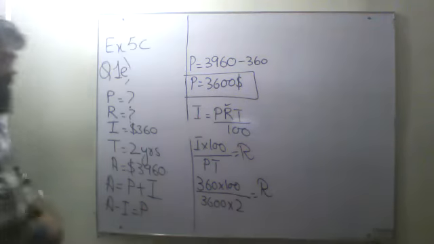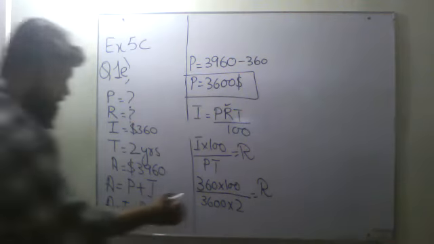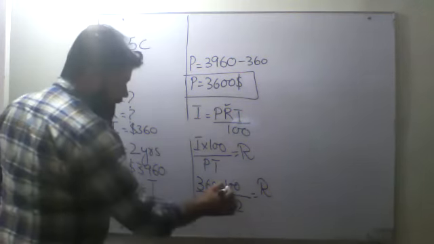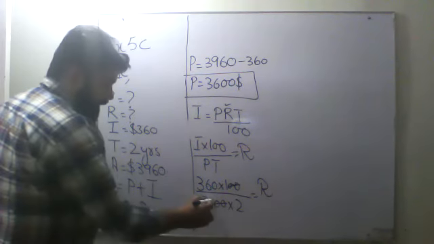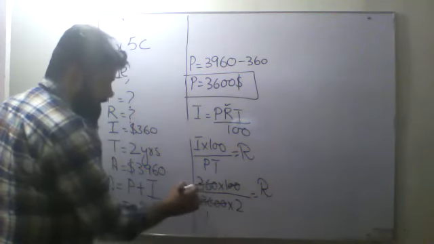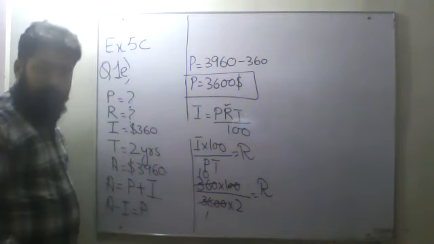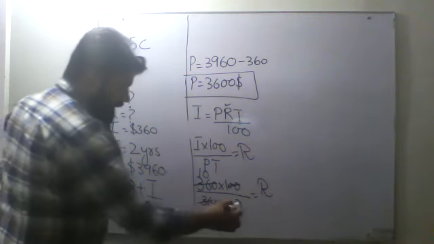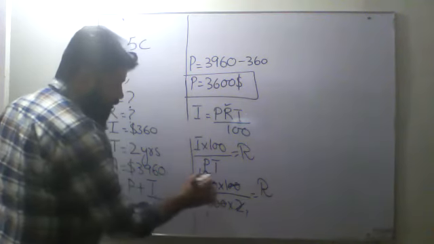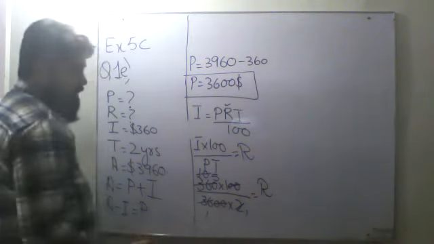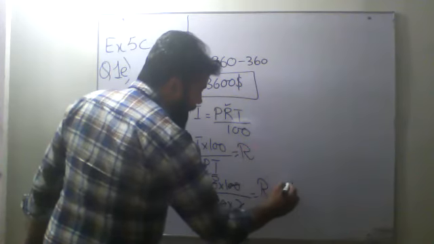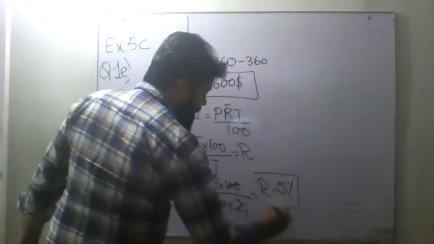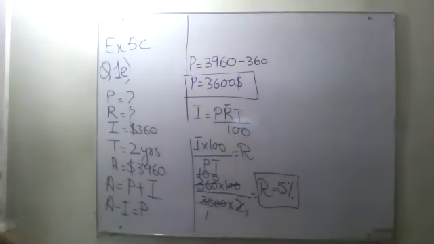Both two zeros will be cancelled by these two zeros. 36 ones are 36, tens are 36, and then 2 ones are 2 and 2 fives are 10. So the rate is coming 5%. That's your final answer of rate.